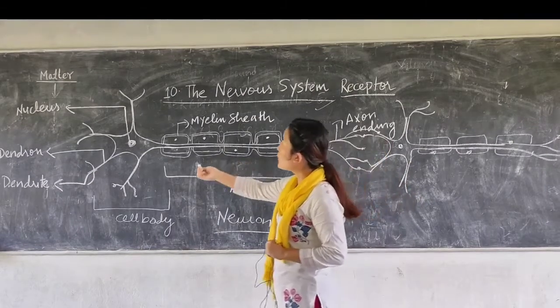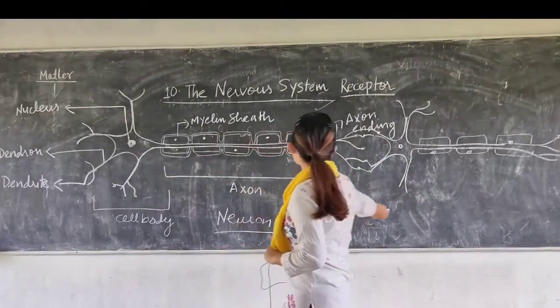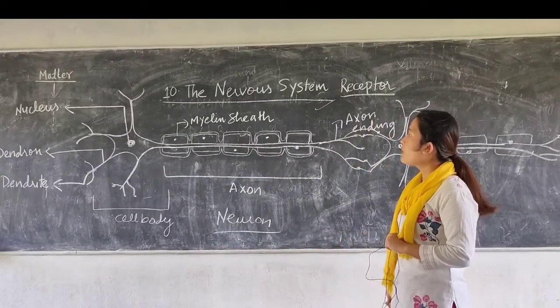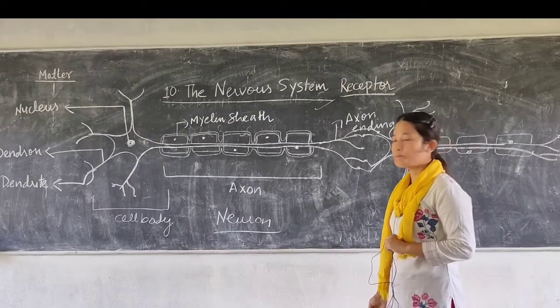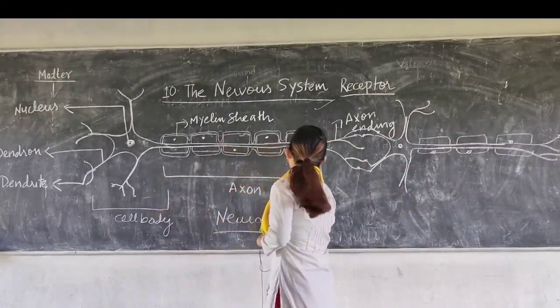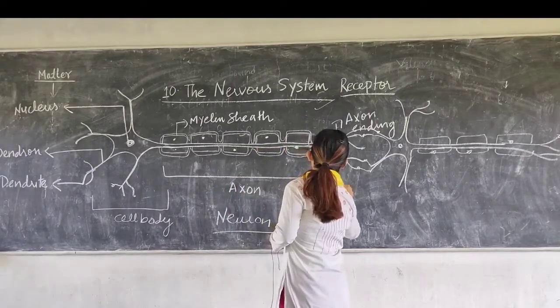If you look at the board, you will be viewing the structure of a neuron. Neurons are the longest cells of your body. One of the characteristics of this neuron is that they are excitable cells.